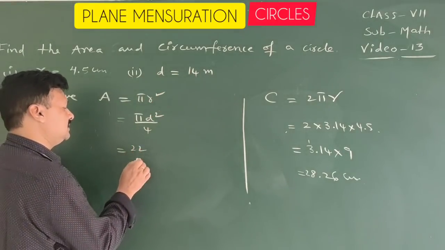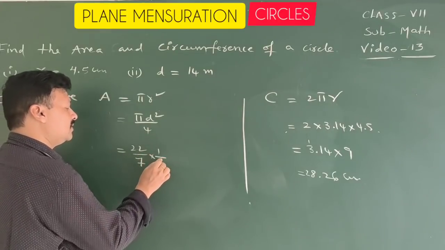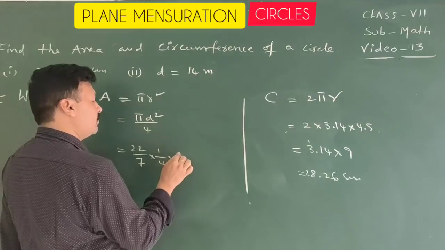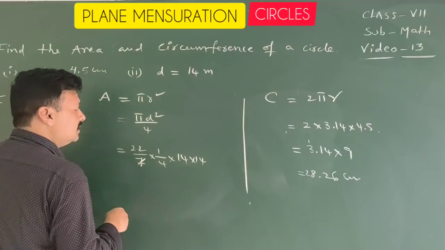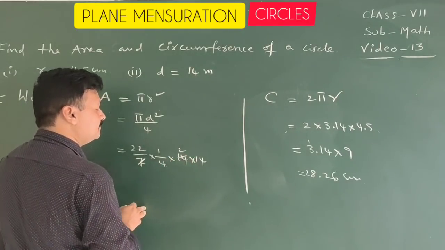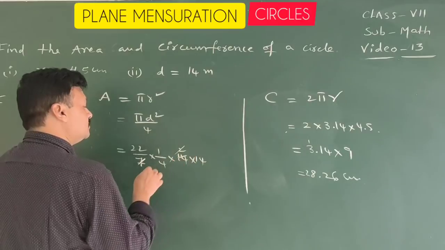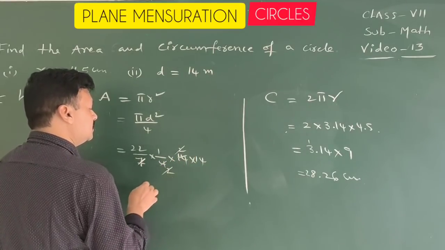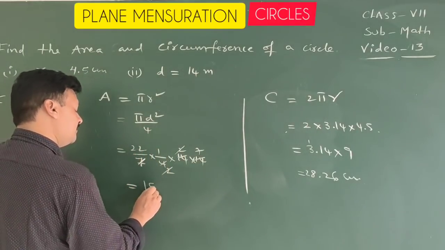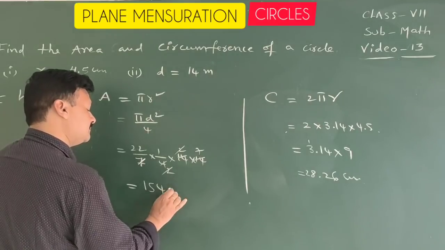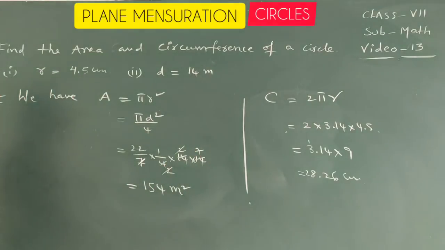Directly we can take 22 by 7 into 1 by 4 into 14 into 14. So 7 twos are 14, and we get 154 square meters is the area of a circle when the diameter is 14 meters.